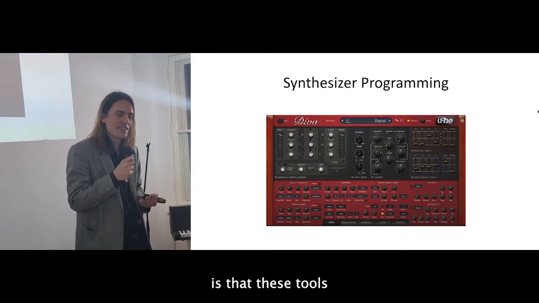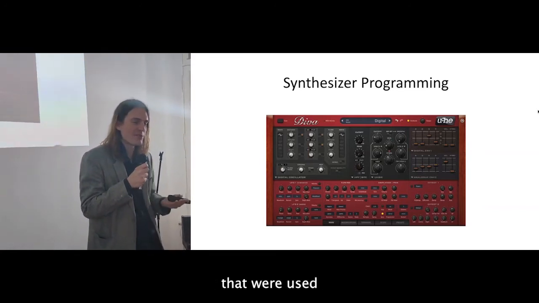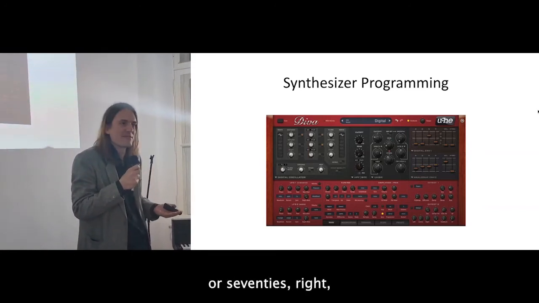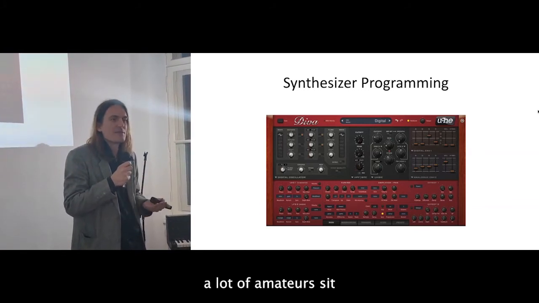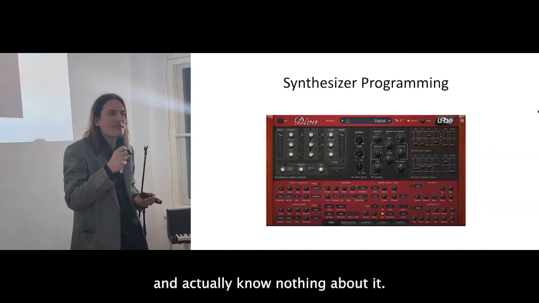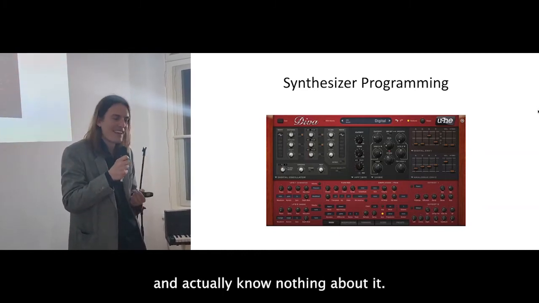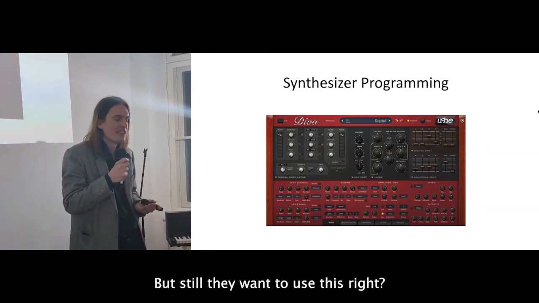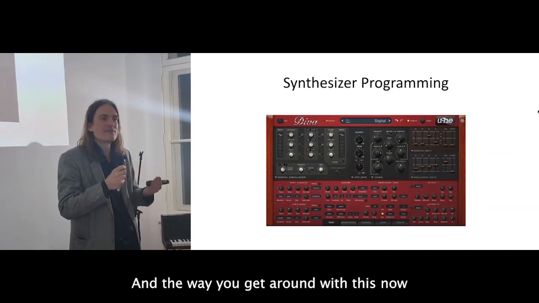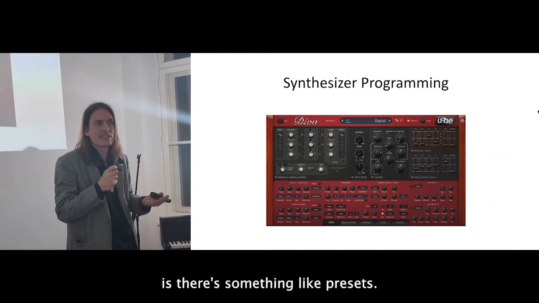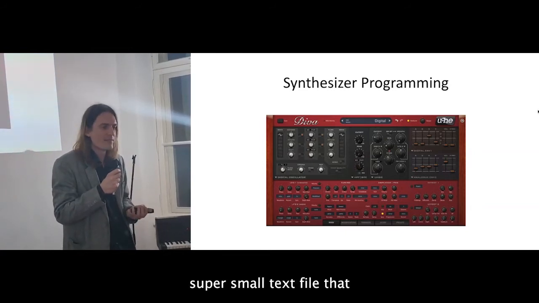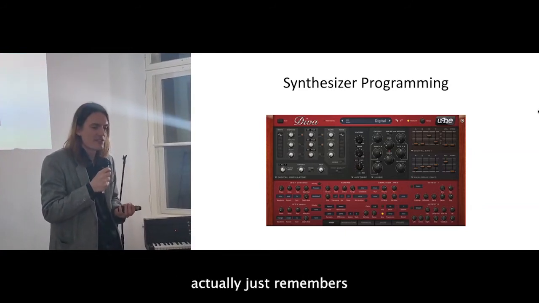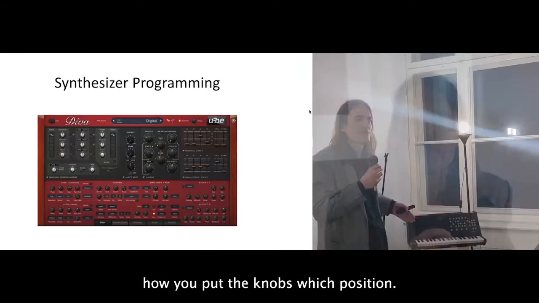And so what happened is that these tools, they were used by professionals in the 80s or 70s, right? Who had a big budget. Nowadays, a lot of amateurs sit in front of these thousands of knobs and actually know nothing about it. But still, they want to use this, right? And the way you get around with this now is there's something like presets. So a preset is nothing but a super small text file that just remembers how you put the knobs in which position.